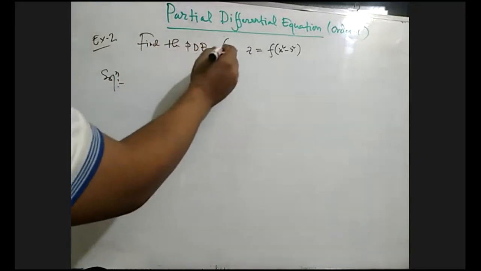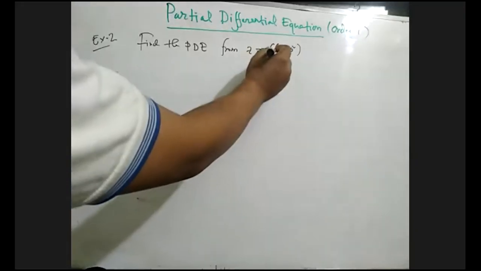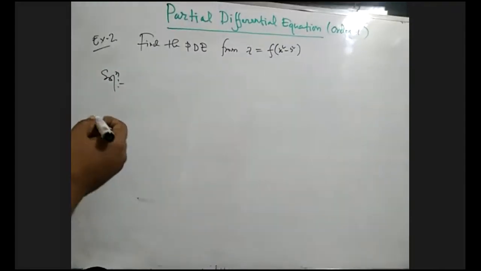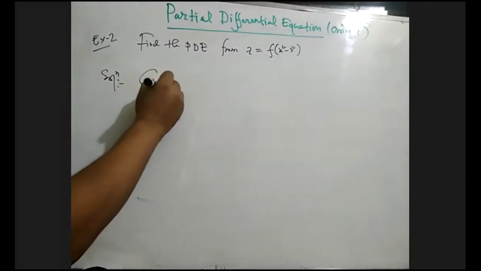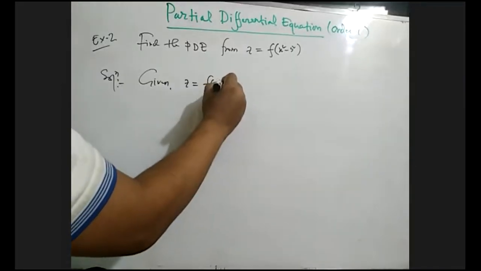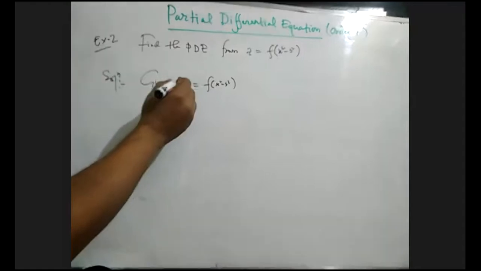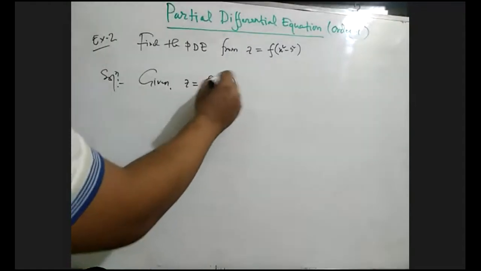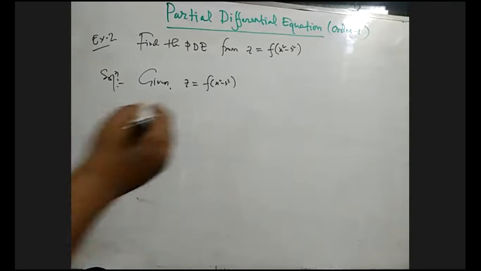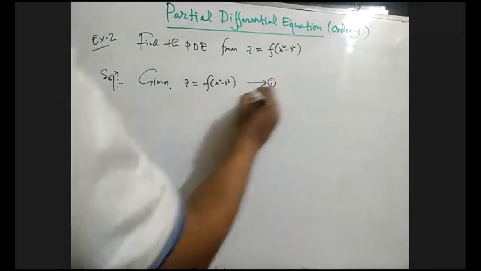Find the partial differential equation from z equals f of (x² minus y²). That means we are given z equals f of x² minus y². Z is the dependent variable and x and y are independent variables. That means there are two independent variables. This is equation number 1.